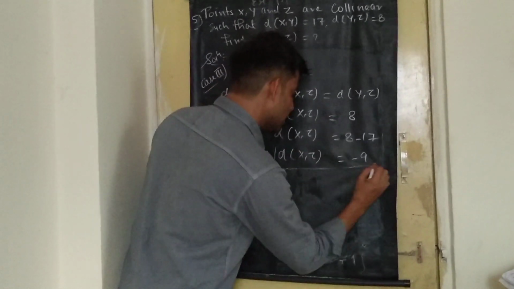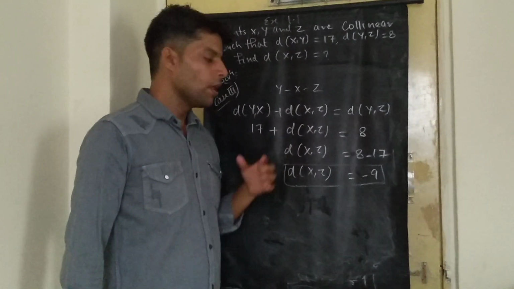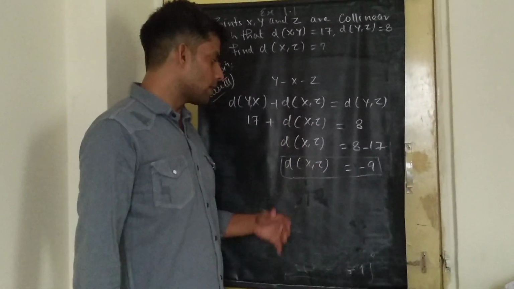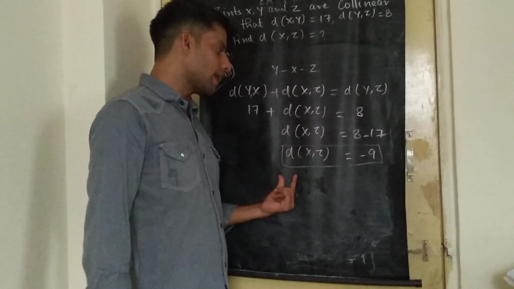So what do we see here students? The distance of xz, this time we have got minus 9. But as we have learned in the basics that the distance between 2 points cannot be negative, so we'll simply ignore this value.